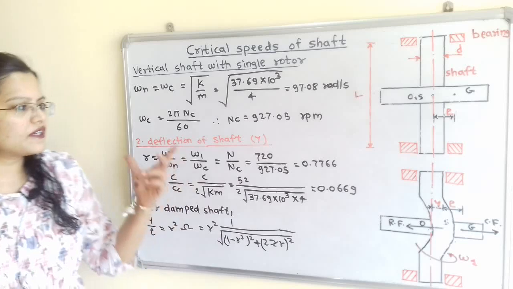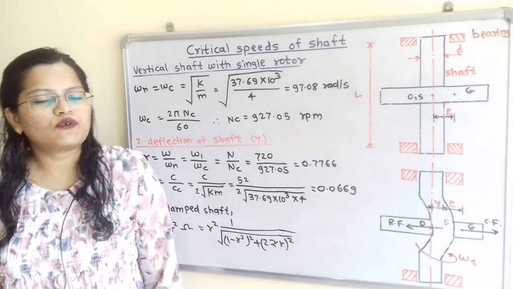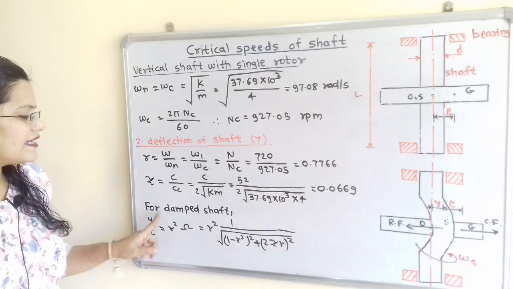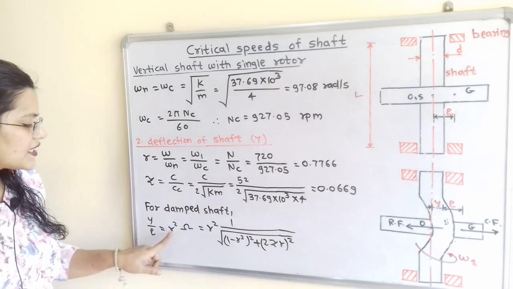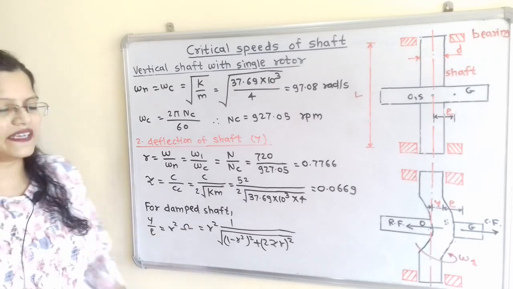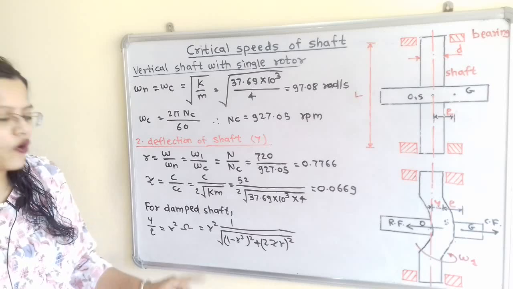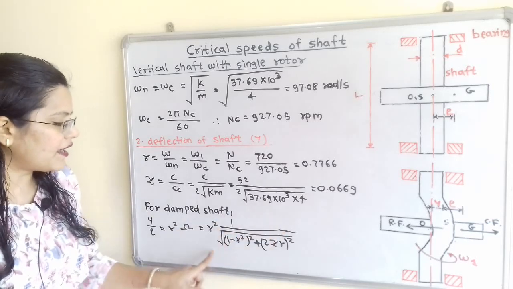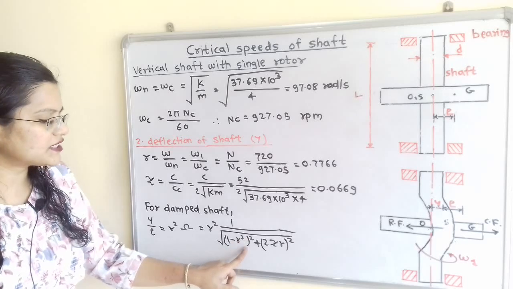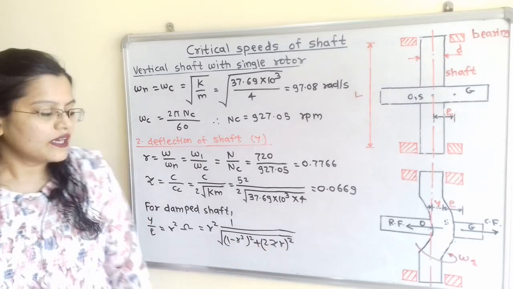Since viscous damping is provided, we apply the formula for the damped shaft: y by e is equal to r square into the magnification factor, and the magnification factor is 1 divided by square root of (1 minus r square) whole square plus (2 zeta r) whole square.